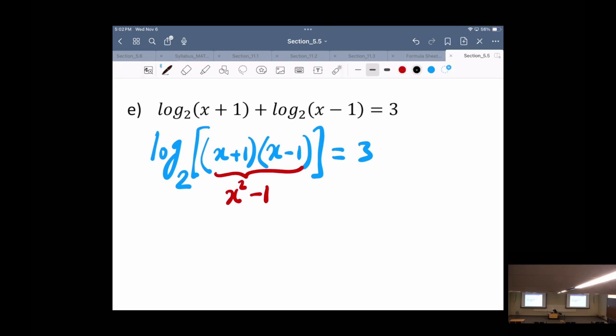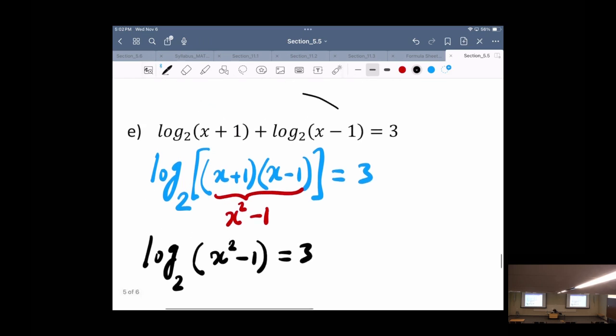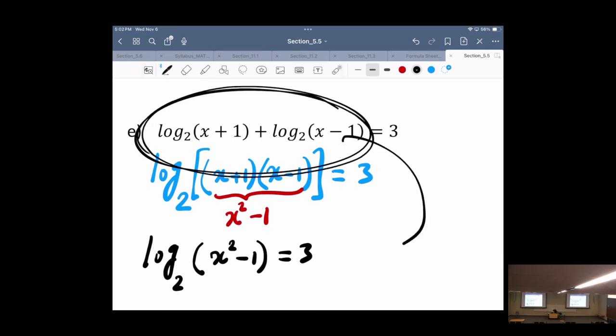Right? So let's condense this expression a little more and write log to base 2 of x squared minus 1 equals 3. Right? So now we went from 2 log expressions to just 1.